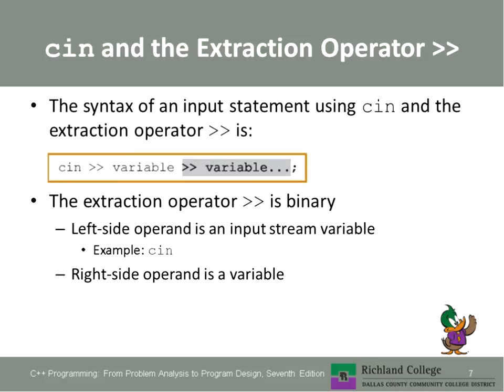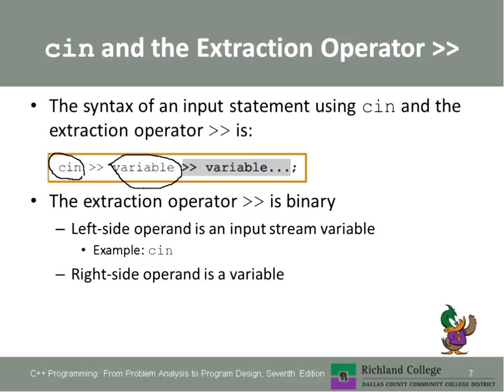Now the stream extraction operator is binary, so that means you have to have the cin on one side of it, and then you have to say where to extract the data into, and that's where we have the variable. So on the left side we say cin. What is cin? It's an istream, an input stream variable, and when it extracts data from the input stream, it needs to store it somewhere.